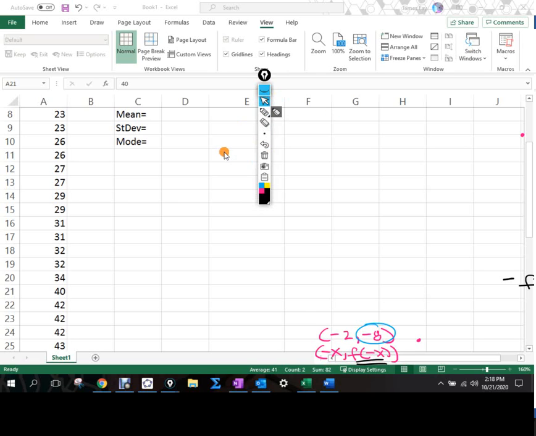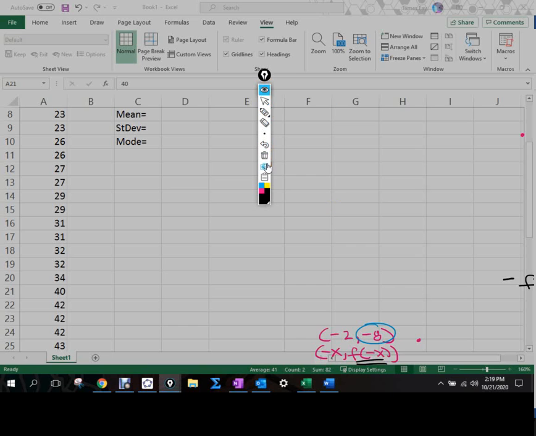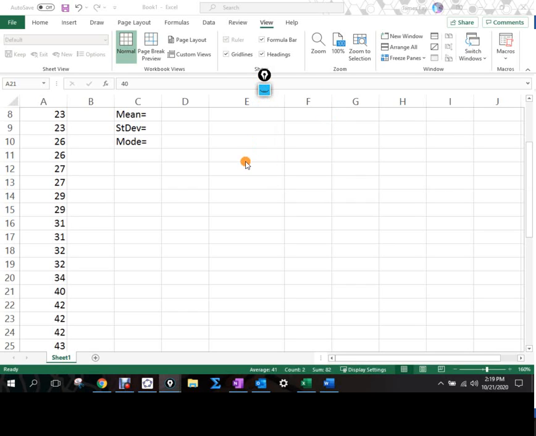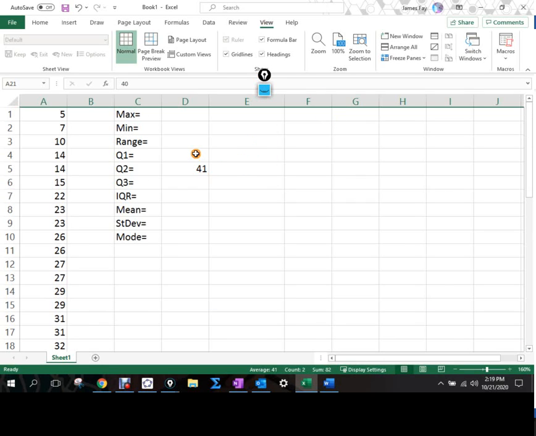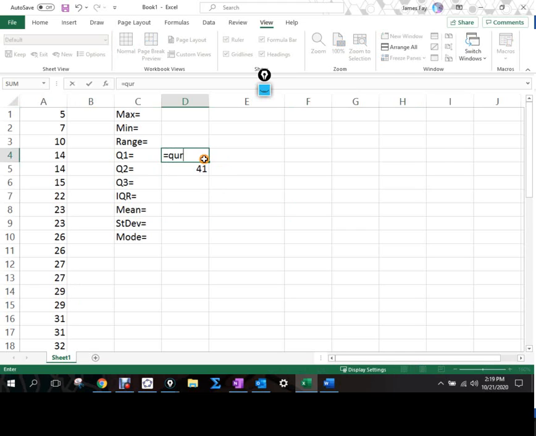But if I want to figure out what Q1 is, and I type in equals and use the quartile function, which I was able to use in my video because I had an odd number of data points, there's not an issue when that happens.